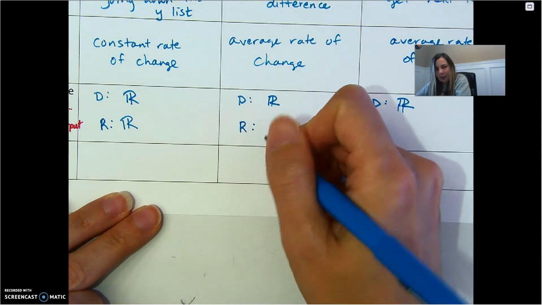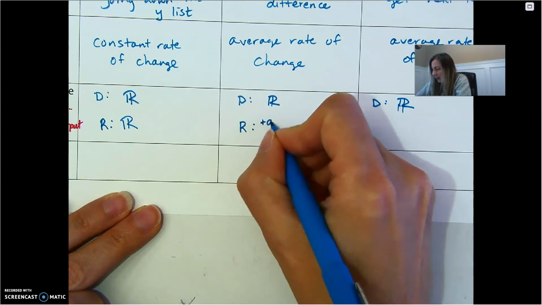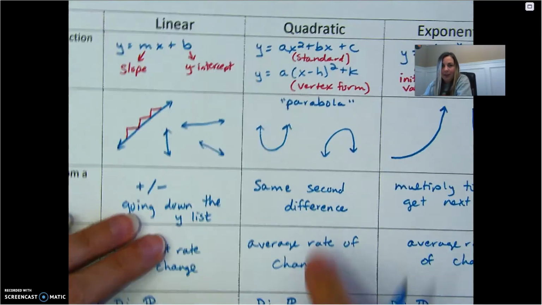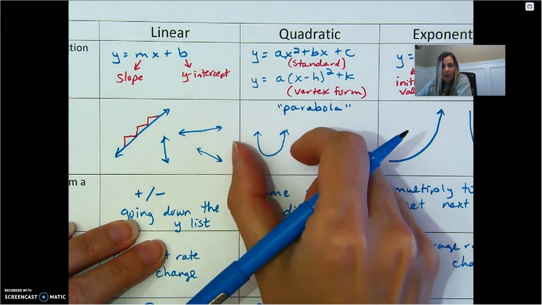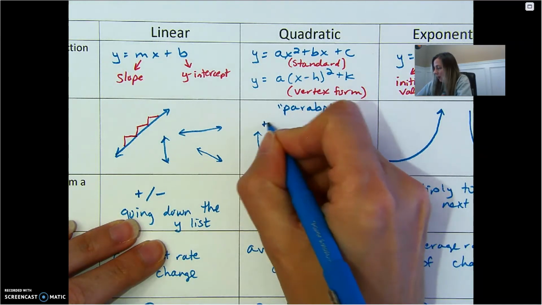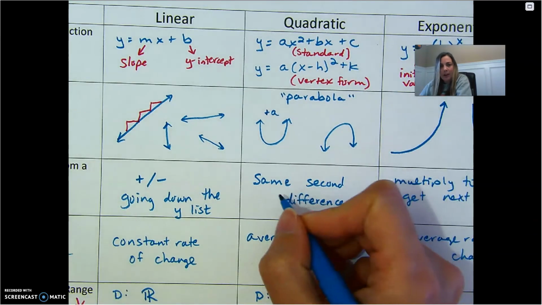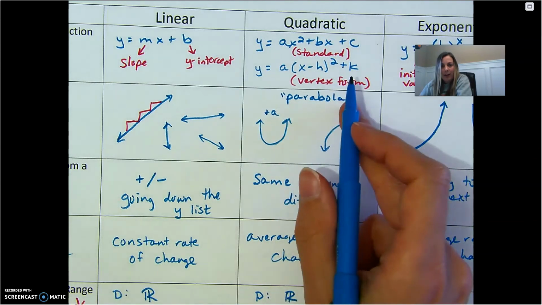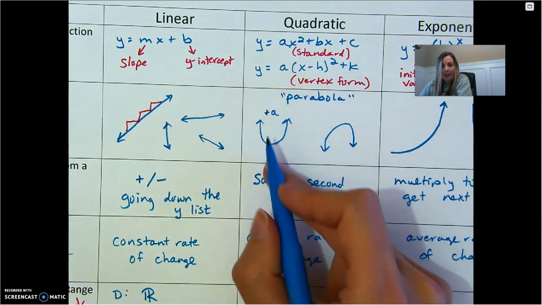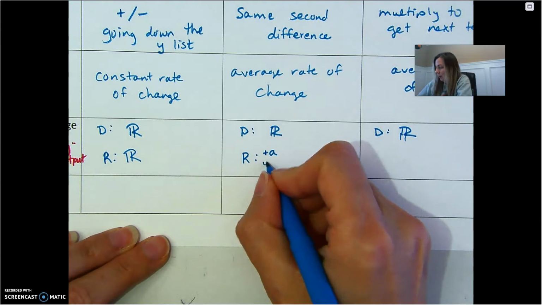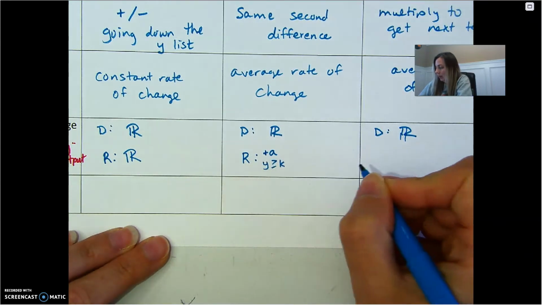So down here, let's see, there's a couple of things I need to squeeze in here. If it's a positive a, meaning in the beginning, positive a, that means it's opening up. So I'm going to put positive a. Then your range would be anything greater than the k. So you would say y is greater than or equal to k.